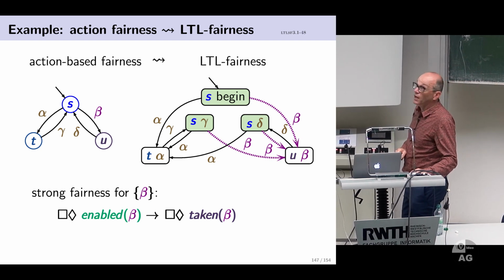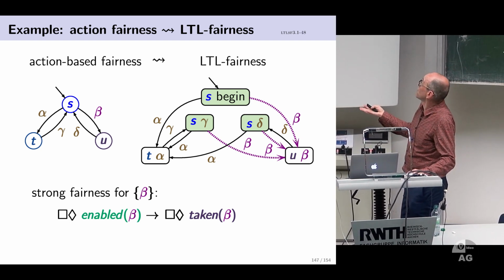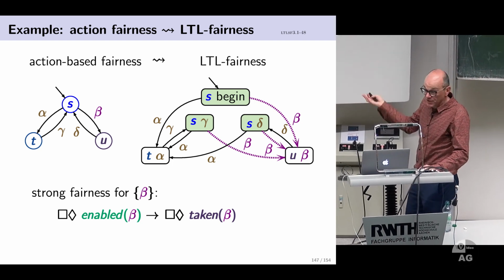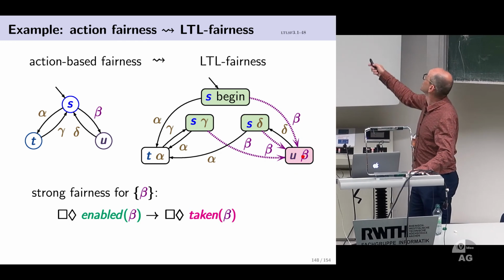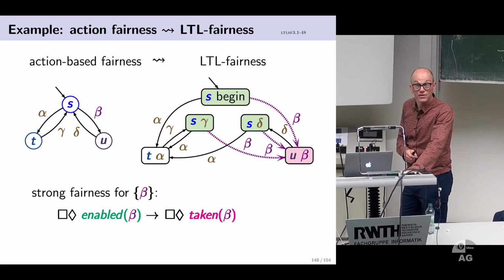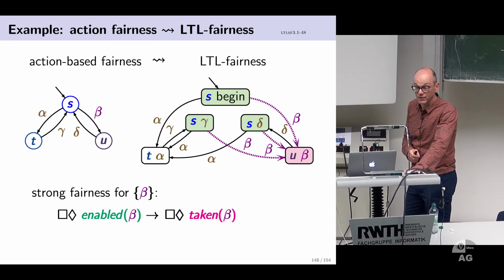And what are the states that are taken beta? Well, those are the states where the second component of those pairs is a beta. So there is one state that satisfies taken beta, which is the pink state over here, and that satisfies the atomic proposition taken beta.